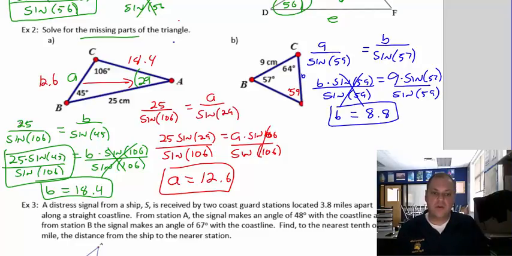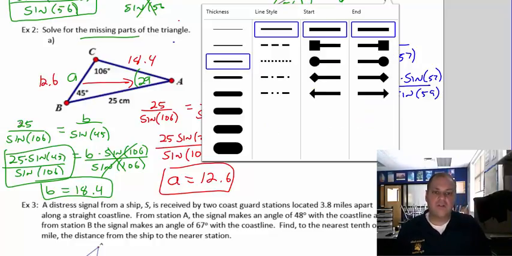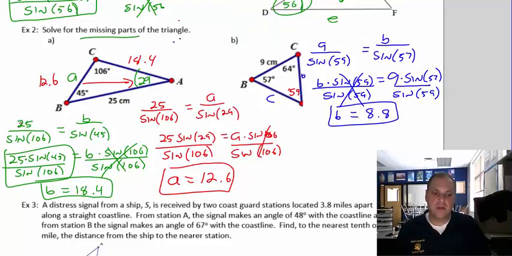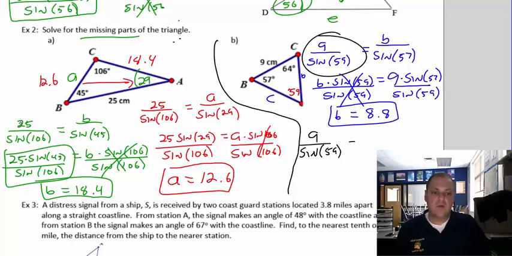And one more here. We want to find side C. So again, we're going to use 9 over the sine of 59, just like we did up here, all right, equals, now this time it's C, so we got to use the opposite angle, which is 64, over the sine of 64.